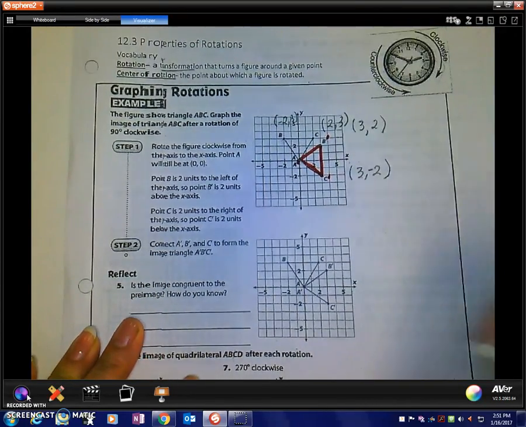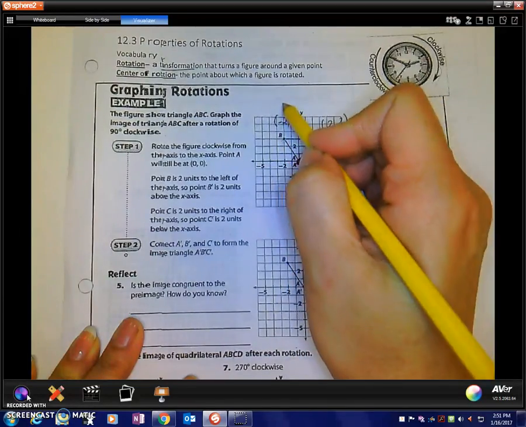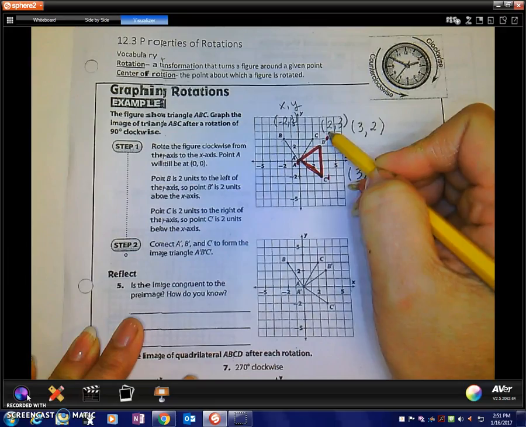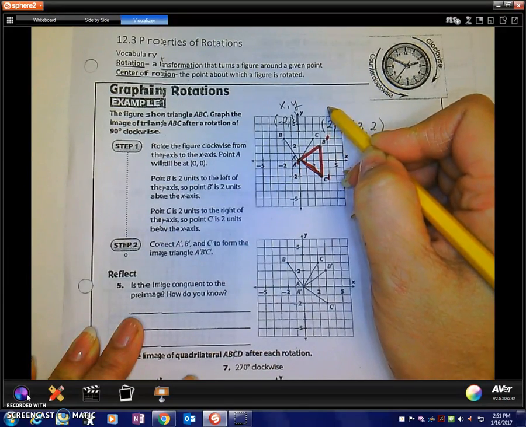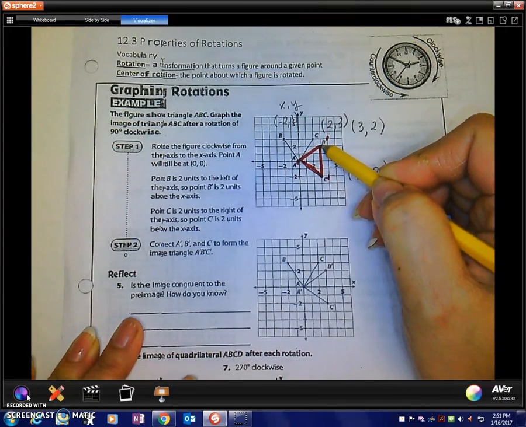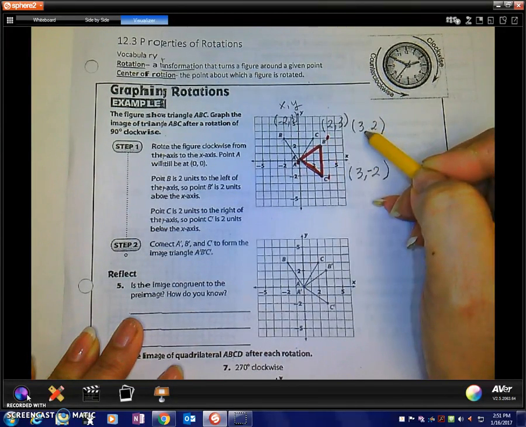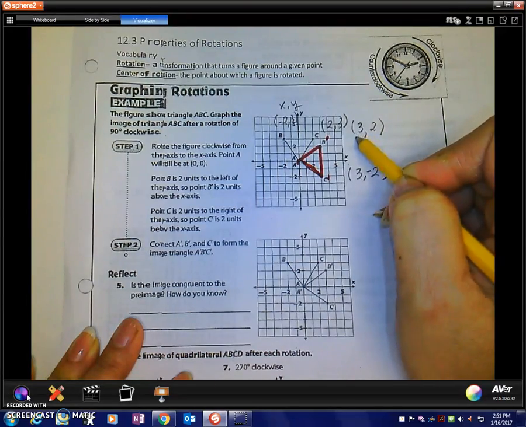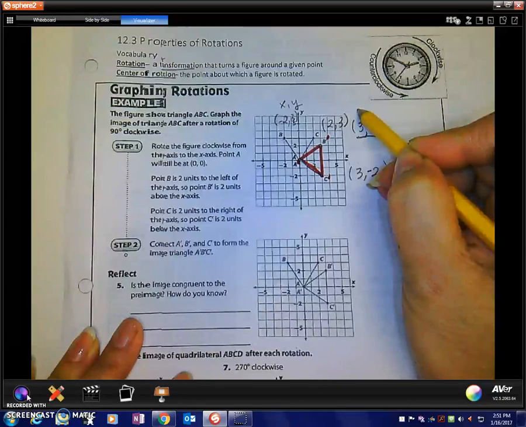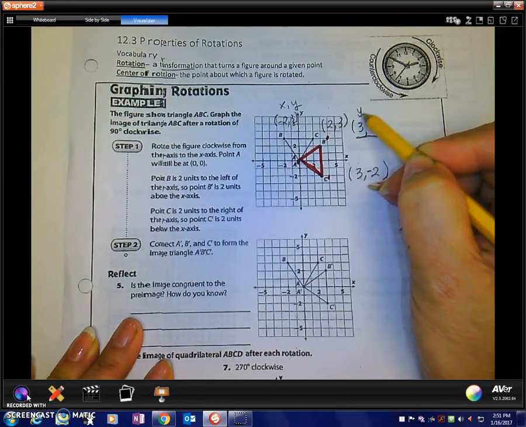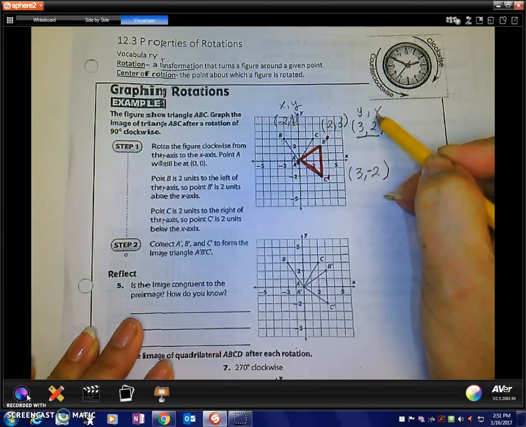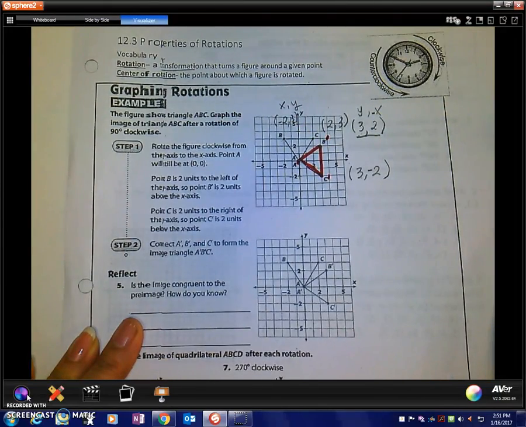Now, you realize something? This is X, this is Y. Now what does this become? The (X, Y) of B becomes right here, right? It looks like we flip them. So this is Y, and this is X. But the negative becomes a positive when we go to the opposite side.